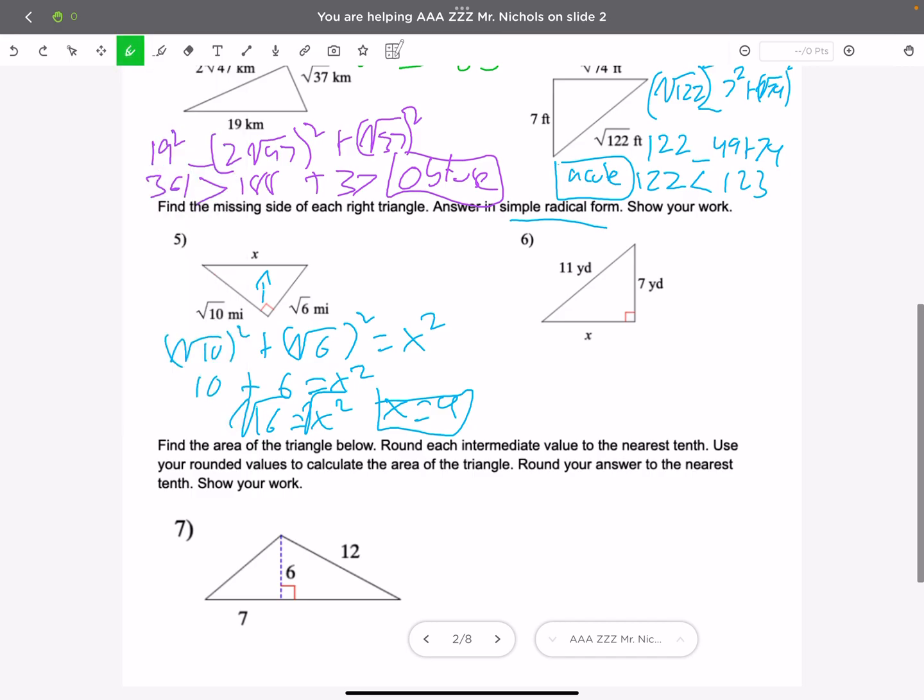For number 6, in this case, 11 is our hypotenuse. And so x squared plus 7 squared equals 11 squared. That's x squared plus 49 equals 121. Minus 49 minus 49, and we get x squared is equal to 121 minus 49, which is just 72.